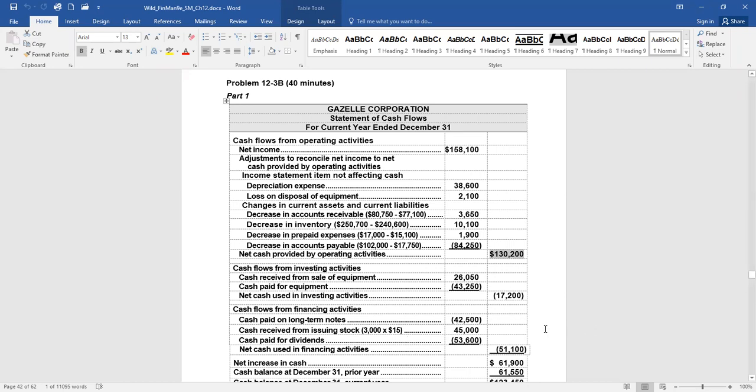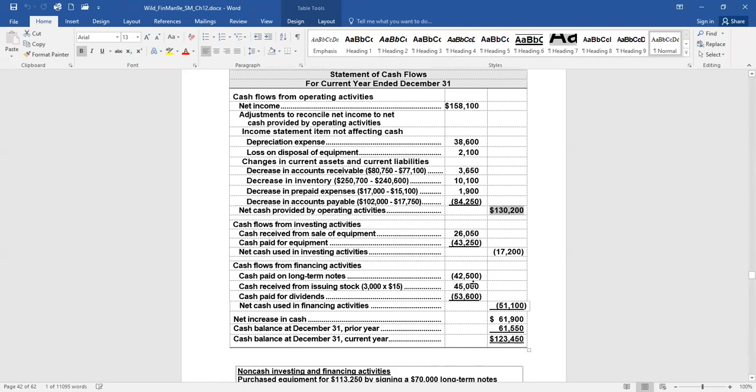So we take the net. Overall, there's a negative cash, so it's net cash used in investing activity. When it's a positive cash overall, it's provided. The final area of our statement of cash flow is where we show cash inflows and outflows from financing activities.